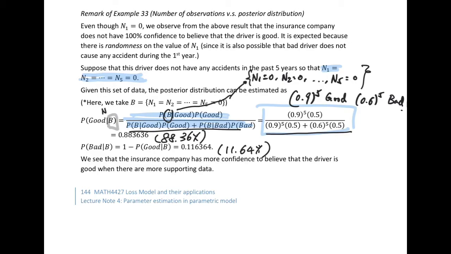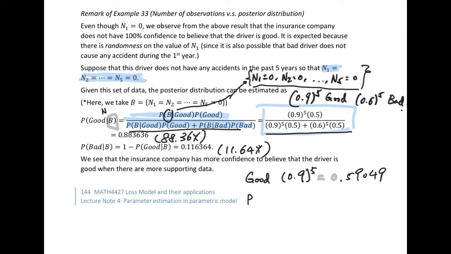And why does it happen? The reason here is that if you look at each type of driver and the likelihood that it can generate 5 no claims in 5 consecutive years, for a good driver this probability will become 0.9 to the power 5, which is equal to 0.59049.